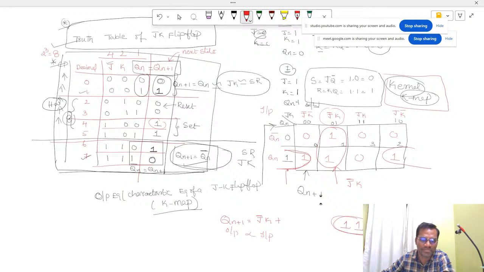Now coming to this pair. So this pair is there at this level and this pair is there at this level. These two ones you have to write down the equation. So these ones are there in second row. So what is the value of second row? Qn. So first write down the value of Qn. And these ones are there in first column as well as in fourth column.